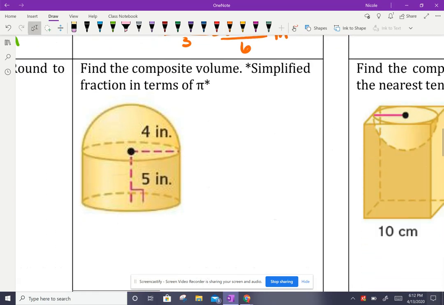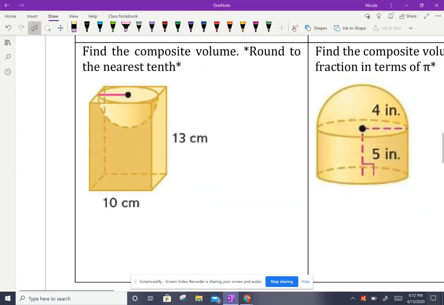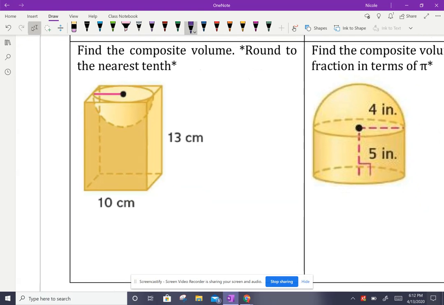Let me look at our 2 composite examples here real fast, and then we'll be done. All right, so for our next example, it says find the composite volume, round to the nearest tenth. It has a square prism, the bottom is square. This is also 10. And it's taking out a hemisphere.